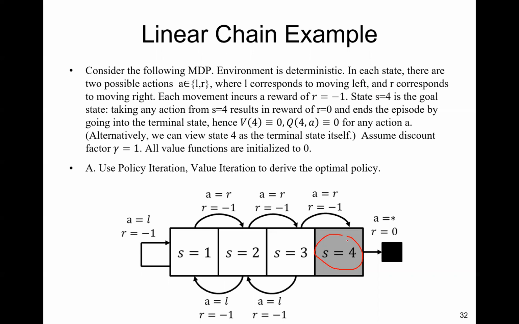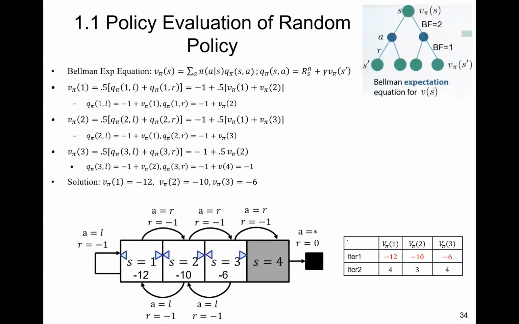So now let's work through this example first with policy iteration. The branching factor is 2 for the two action choices, and the branching factor is 1 for the V equations in the deterministic environment.